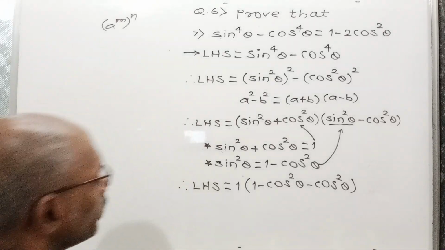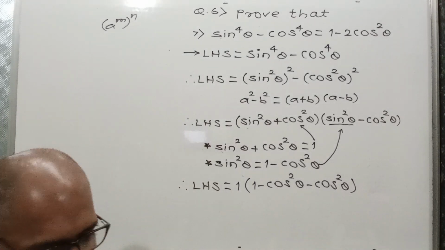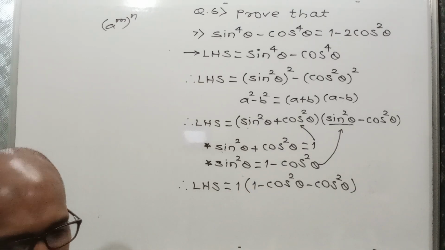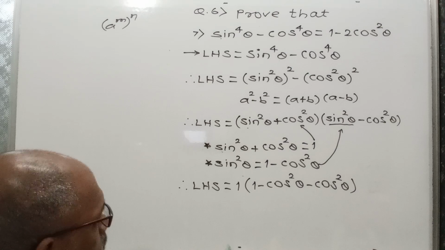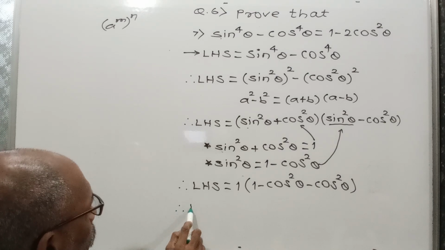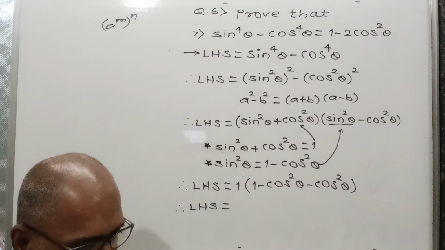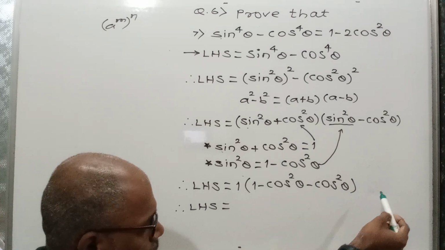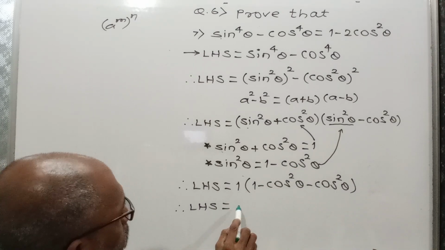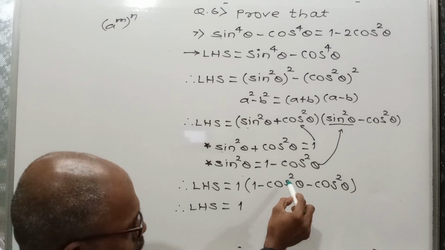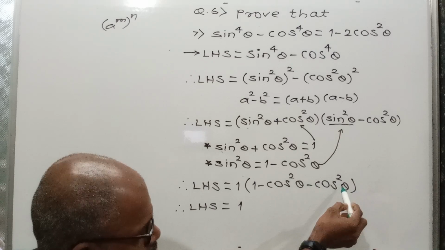Now 1 into any number or any term is that term itself. 1 into this bracket means this bracket as it is: 1 − cos²θ − cos²θ.